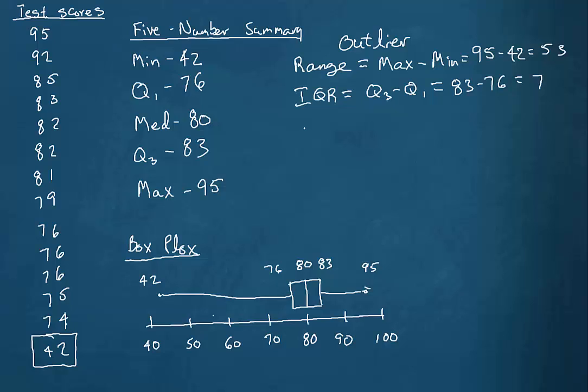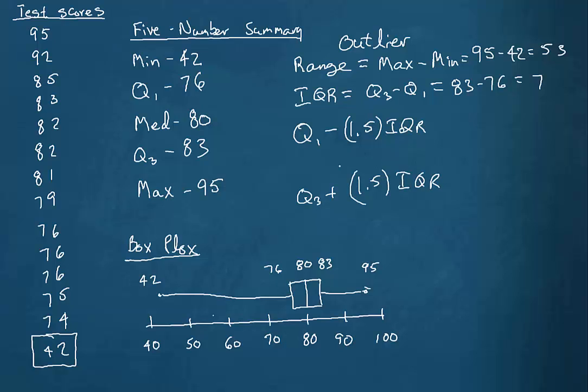The process for determining whether or not a data value is an outlier is to do some simple calculations on these formulas: Q1 minus 1.5 times the interquartile range, and then Q3 plus 1.5 times the interquartile range.